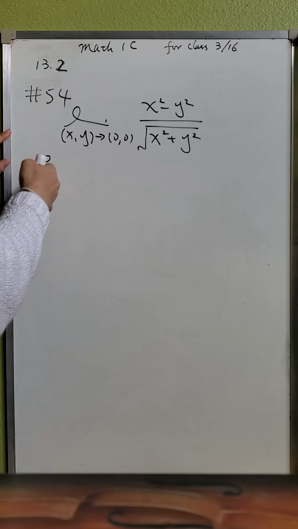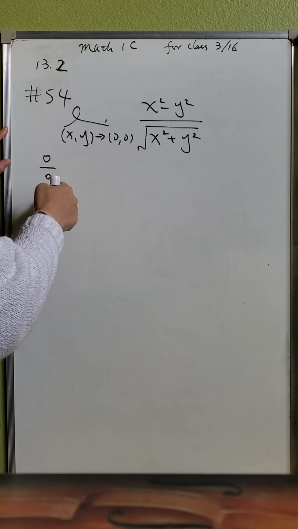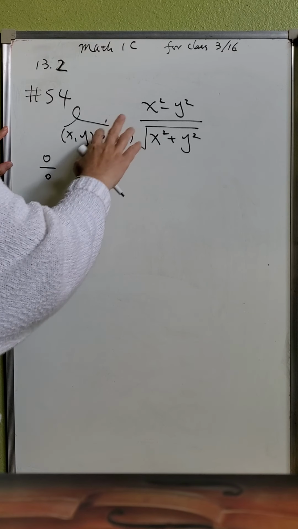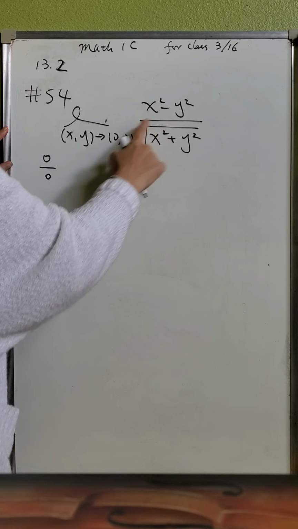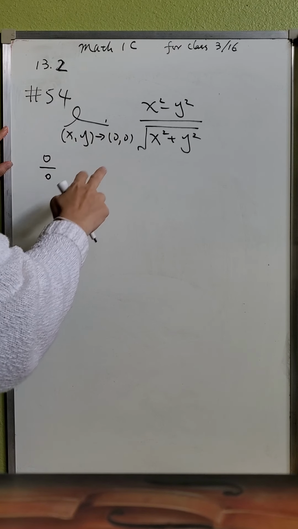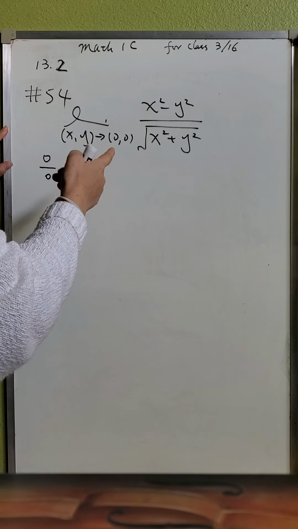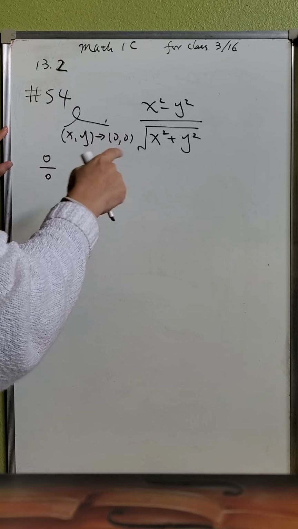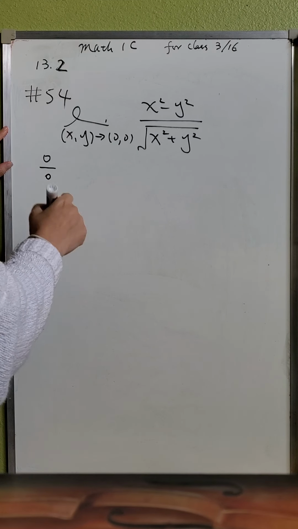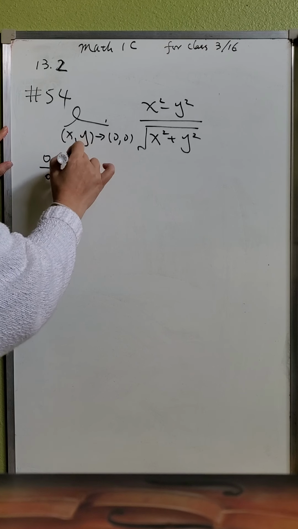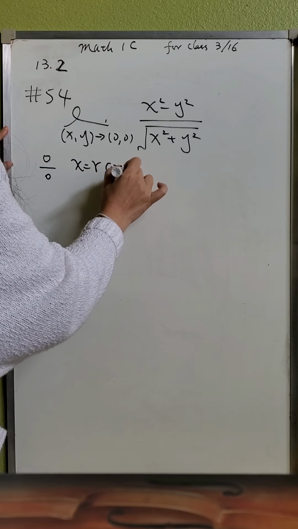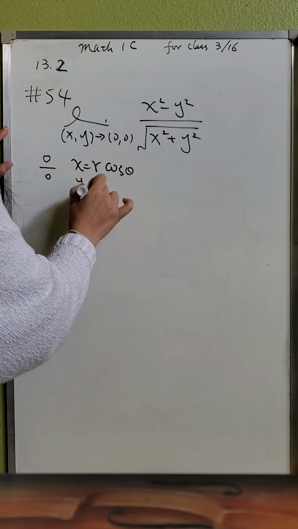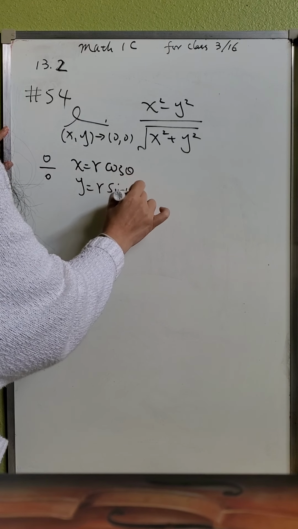And in 1a, we know that if 0 over 0, we can use L'Hopital's rule. But here we cannot because we don't know how to take derivative for a function of two variables yet. So what do we do? We use the polar coordinate approach. So let's record our formula. We know that x equals r cosine theta, okay? y is equal to r sine theta.